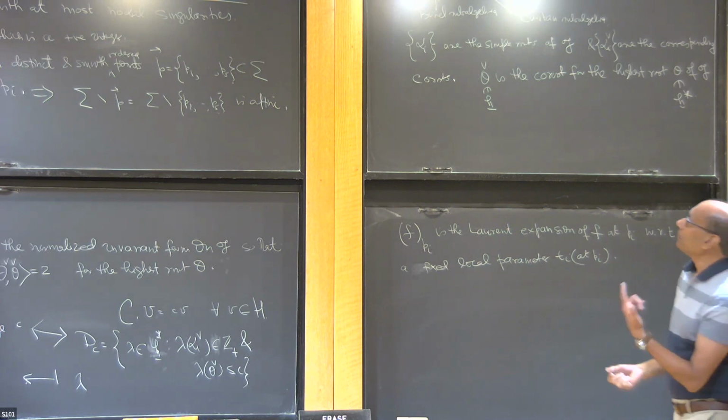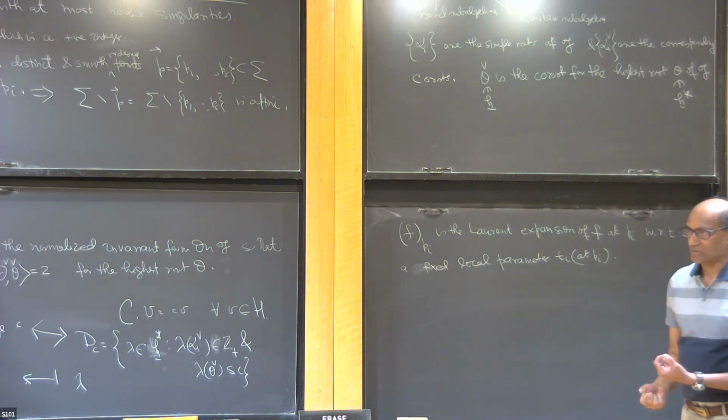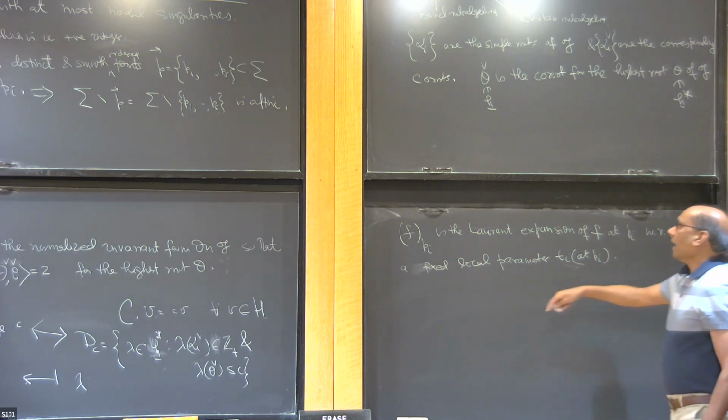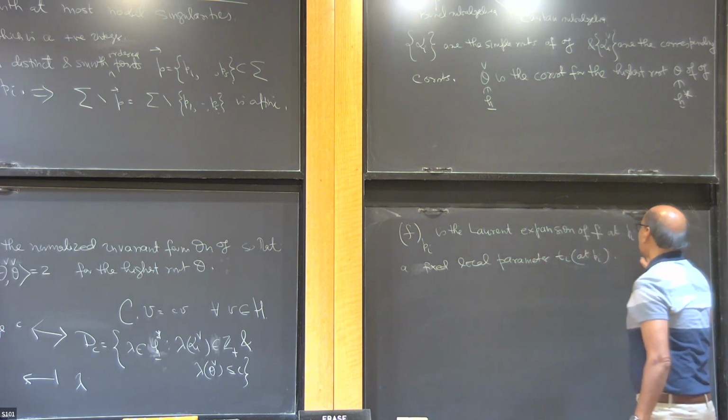That's why I took my points P_i to be smooth points, so I can choose a local parameter, which I'm denoting by t_i. And F_{P_i} is the Laurent expansion of F at P_i.